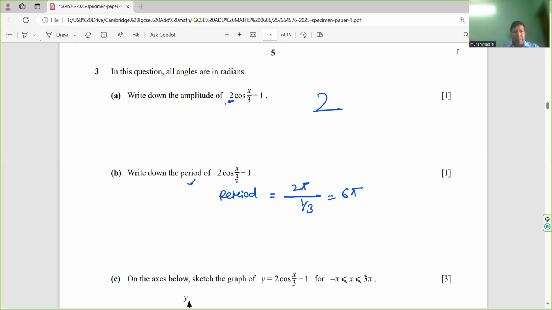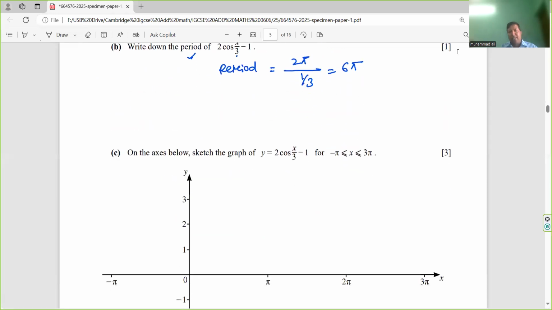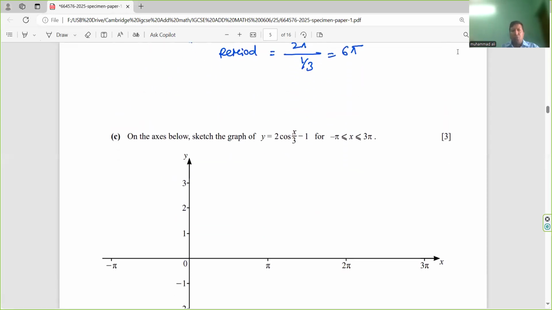Number c, on the axis below, sketch the graph y equals 2 cos(x/3) minus 1 for x greater than or equal to minus pi and less than or equal to 3 pi. This is very important. You directly put the x value minus pi, so you will get y equals 0. When you put x value 0, you get 1. When you put x value pi, y equals 0.